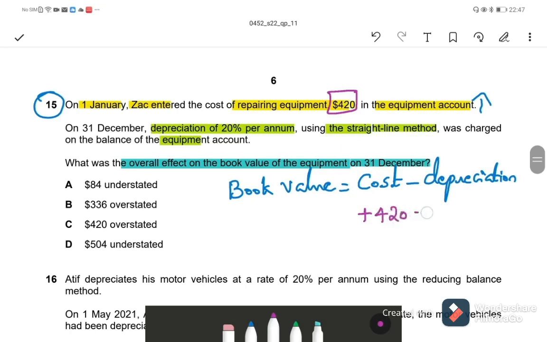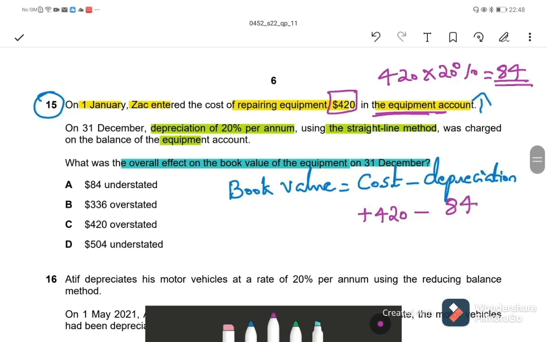While calculating depreciation, if the asset account is overstated by 420, the depreciation is also overstated at 20%. So 420 multiplied by 20%. What is the depreciation? The depreciation is 84, which is deducted.